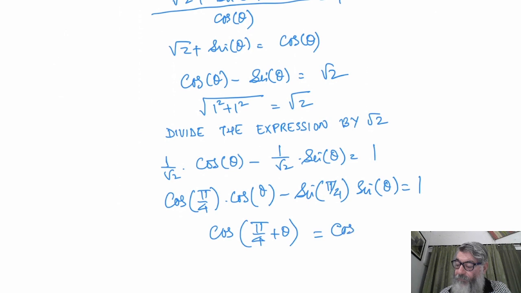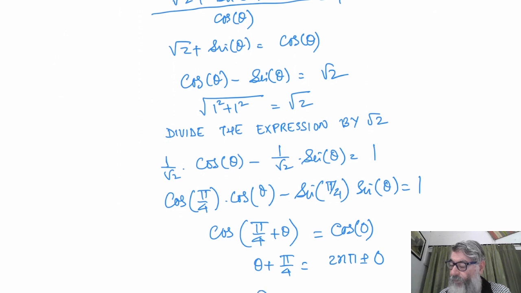So theta plus pi by 4 will be 2n pi plus minus 0. But 0 has no value, so theta will be equal to 2n pi minus pi by 4. This is the answer. So we try and change everything.